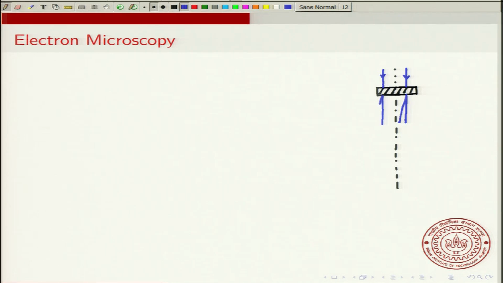there will be some waves that will be deflected, and these will go through the objective, and these will be focused somewhere here, and these will be focused somewhere here.